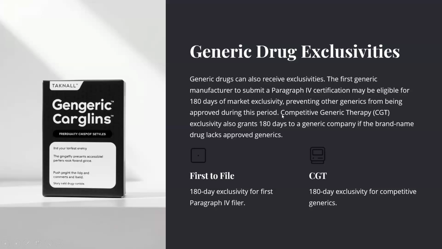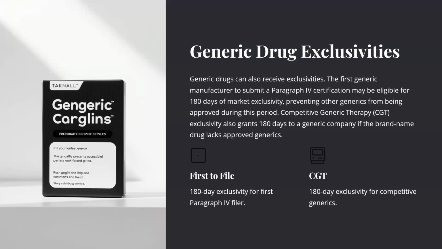Apart from this, there is a competitive generic therapy exclusivity, which also grants 180 days to a generic company if the brand name drugs lack approved generics. If the branded drug does not have any approved generics, then a 180-day competitive generic therapy exclusivity can be granted to that generic company.